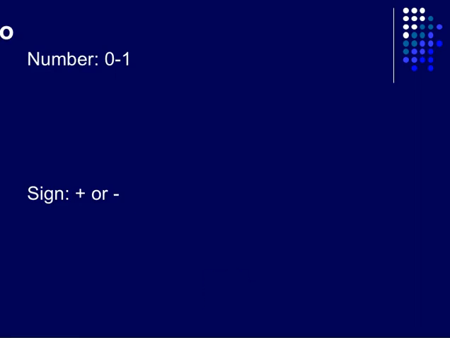The number of a correlation tells us the strength of that relationship. So let's draw a little number line.